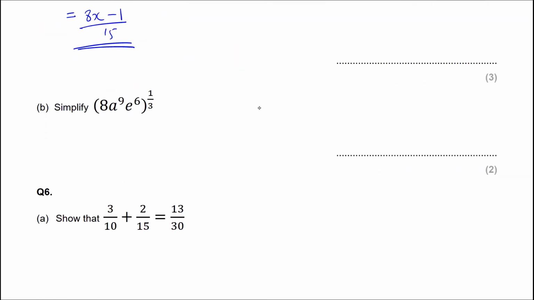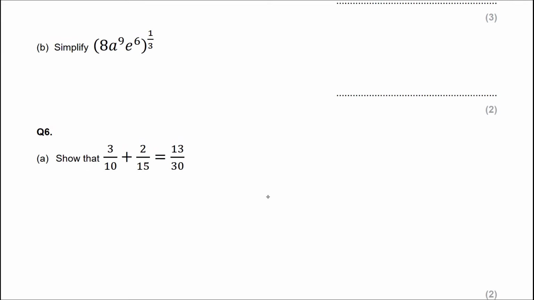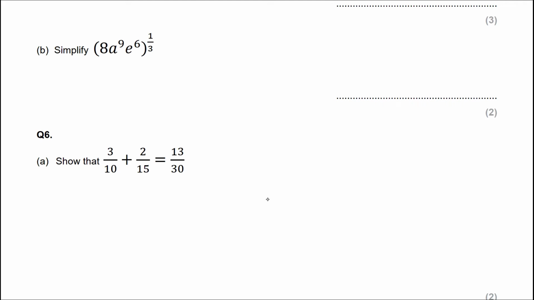The second part of this question, we are required to simplify this expression. So basically, this is indices, and what you have to remember here is that if you have a to power m to power n, that is same as a to power m multiplied by n.